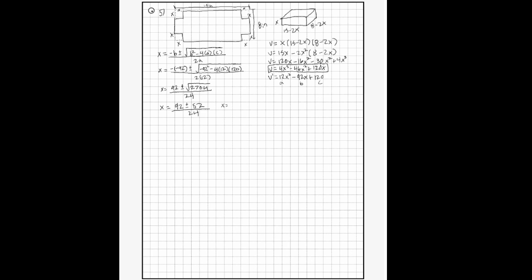So x equals 92 plus 52 over 24, which equals 144 over 24, which makes x equal 6, right? And then for my second one, x equals 92 minus 52 over 24. Well, when I subtract 52 from 92, I get 40.